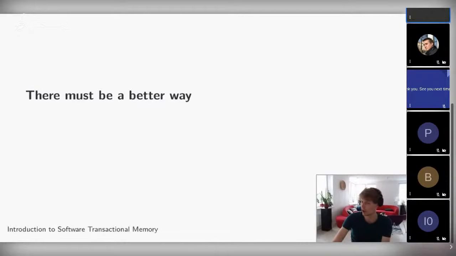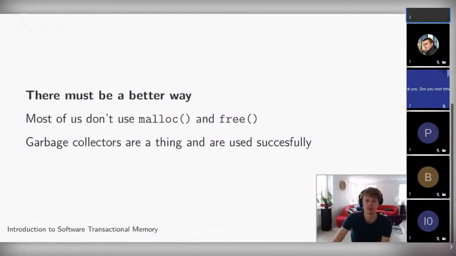Remember I mentioned garbage collection. Well, most programmers don't use malloc and free, or most programmers in high-level languages don't use it. Or you use Rust, and this isn't a problem at all, but I'll pass on that. In most high-level languages, there's a thing which is called a garbage collector.